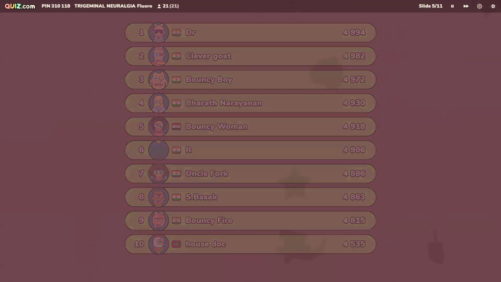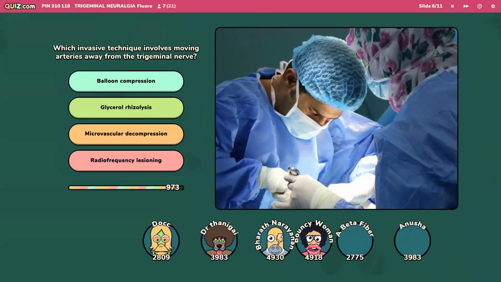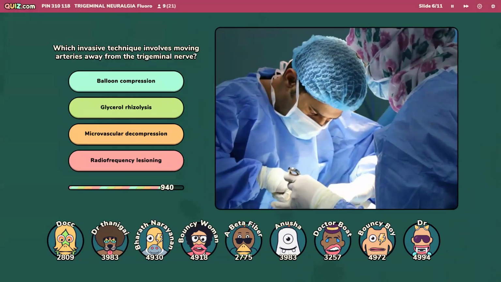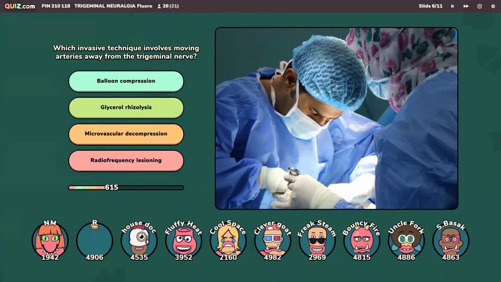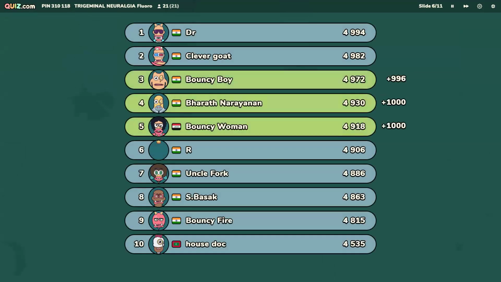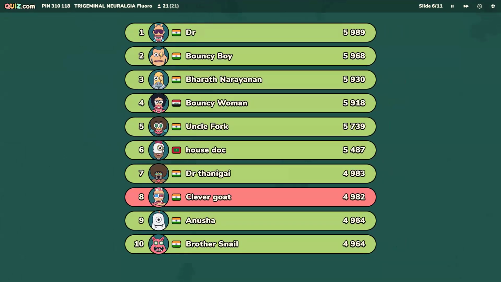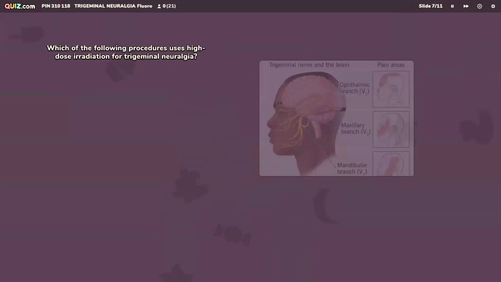Which invasive technique involves moving arteries away from the trigeminal nerve? Microvascular decompression. Which of the following procedures uses high-dose irradiation for trigeminal neuralgia?